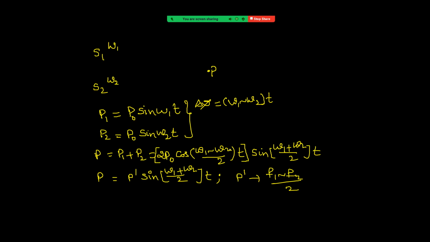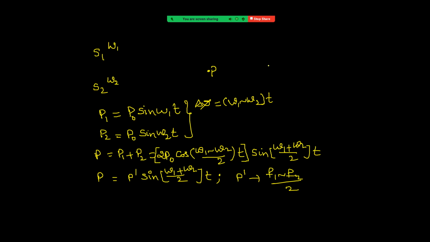That means we hear maximum intensity 2 times and minimum intensity 2 times in one cycle. And one maximum and one minimum is called one beat.